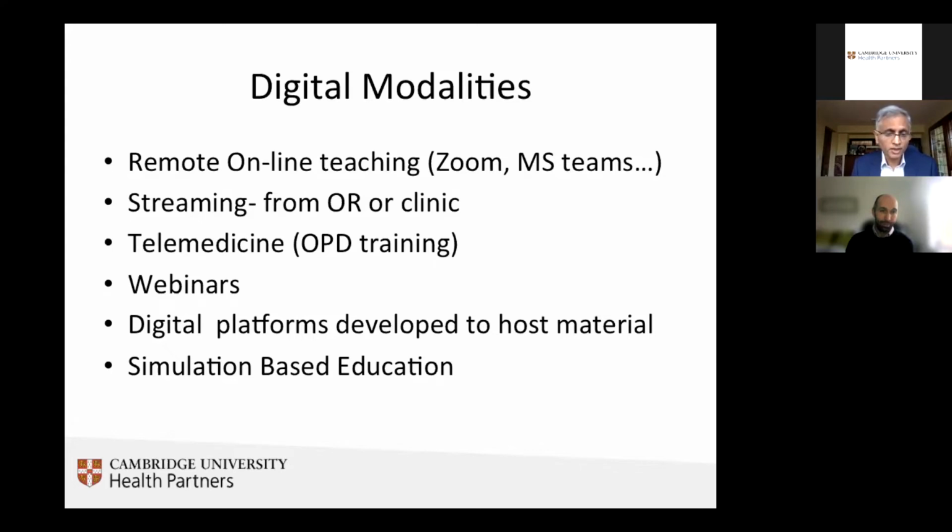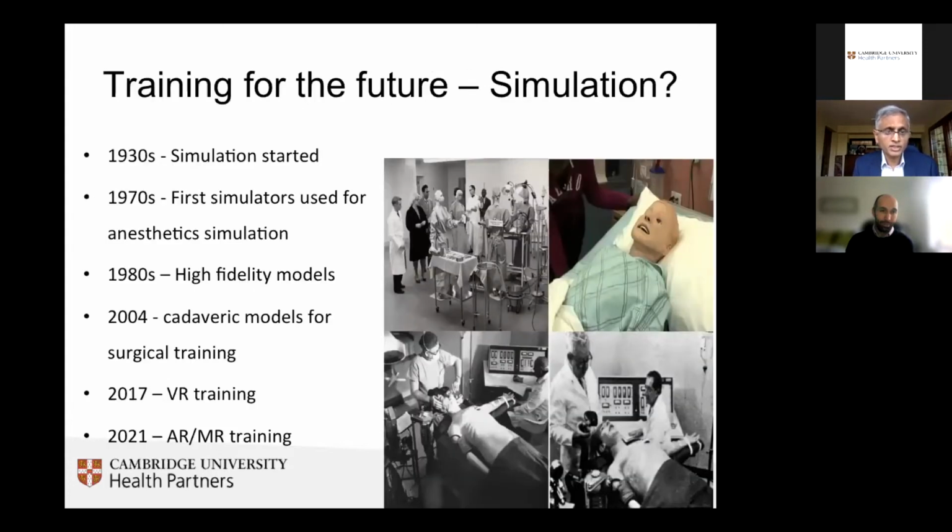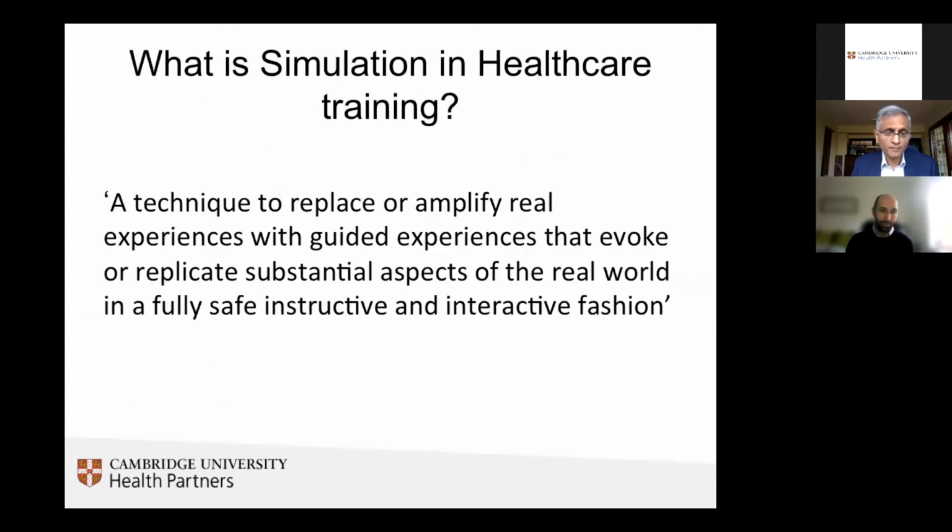But what I'd like to talk about in a bit more detail now is simulation-based education. And we know that simulation has been used in healthcare for many years. In the 1930s it really started, and it still continues to be developed. Simulation allows practicing of procedures or skills in a fully instructive and interactive fashion, but in a safe environment.